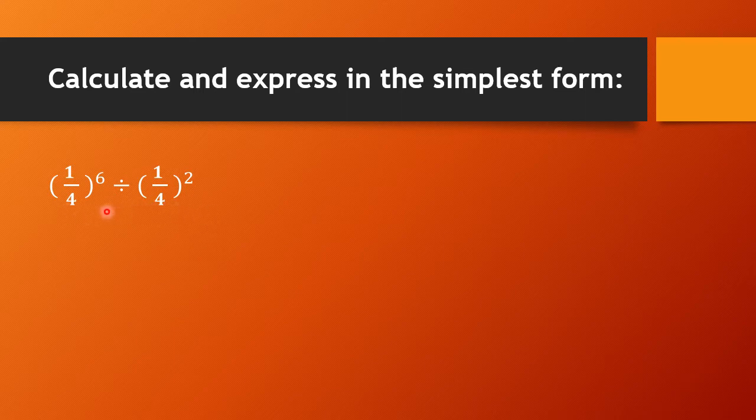It will be 1 over 4 and we will make 6 minus 2. It will be 4. After that, 1 power 4 divided by 4 power 4, it will be 1 over 256.